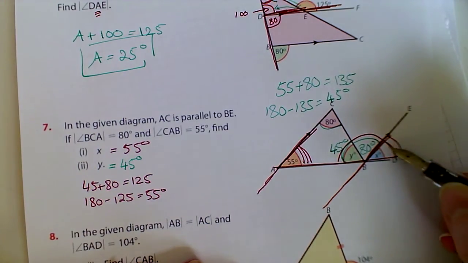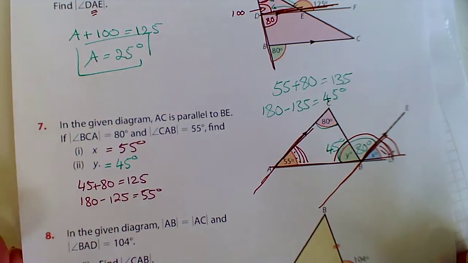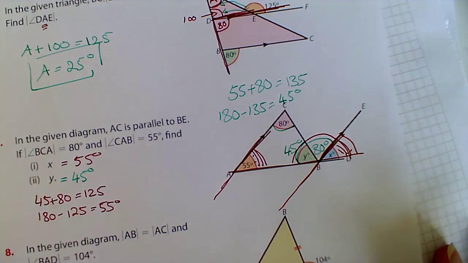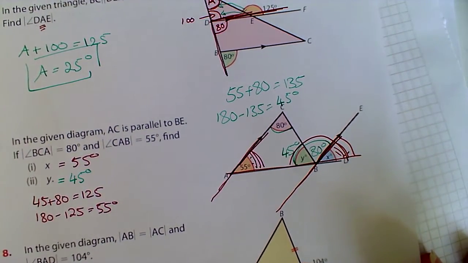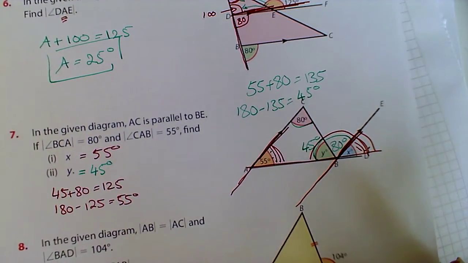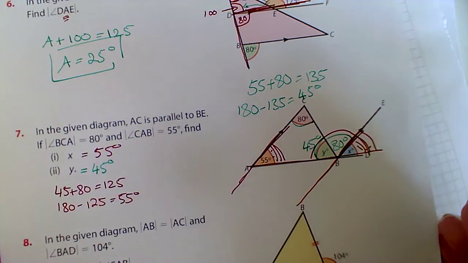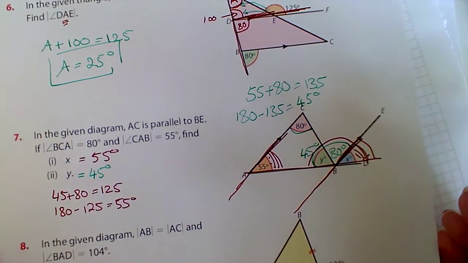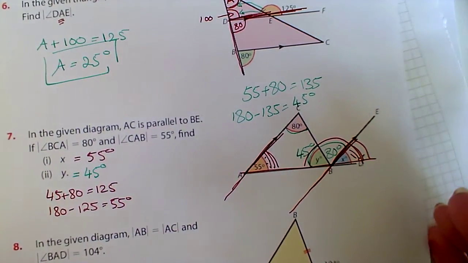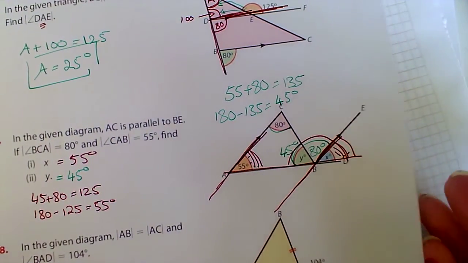We have corresponding angles here. But with all of these, there's almost always 3, 4, even 5 ways of working out the answer. And it doesn't matter so long as you can work it out. They might ask you to give a reason, and you'll just state the name of the type of angle: vertically opposite, 3 angles in a triangle, corresponding, alternate. But most of the time they just want you to calculate it.